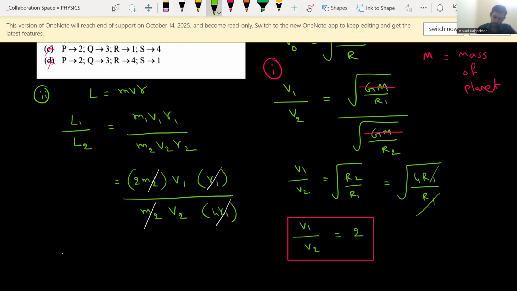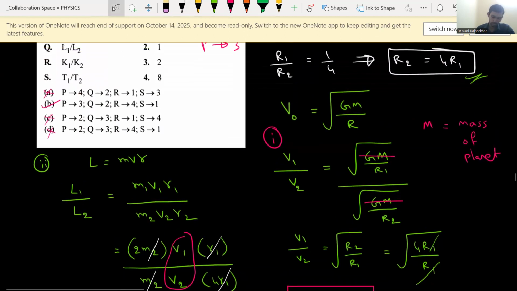In the numerator 2 is there, and v1 by v2 we have already calculated as 2. Substitute 2, and here 4 is there, so 4 gets cancelled, and it should be 1.